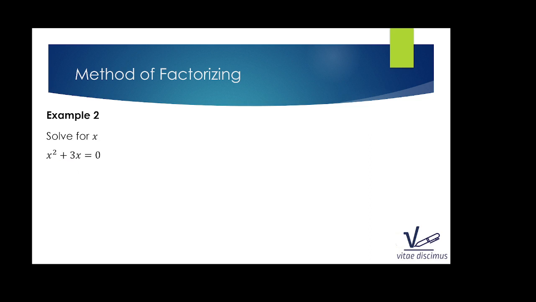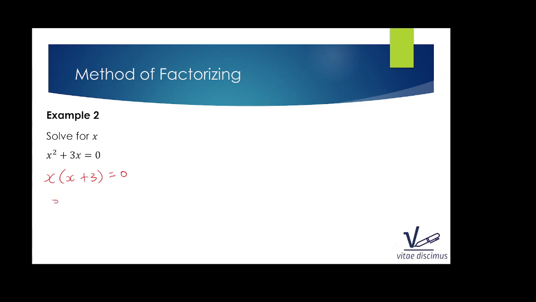Let's look at another example. In this equation, our c equals 0, so it is the standard form without the c term. This is easily factorizable as well. Just factor out x, giving x times (x plus 3) equals 0.